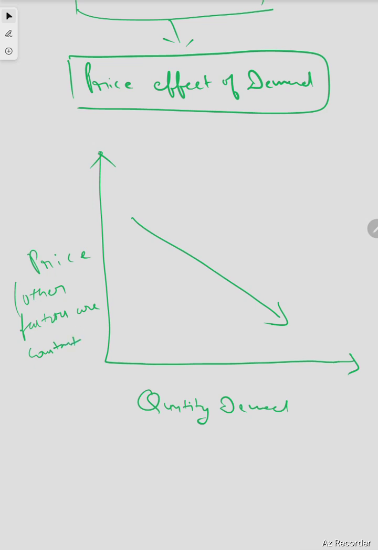Now for example, let's take this point as an equilibrium point, Q, P. Here the demand is in equilibrium.